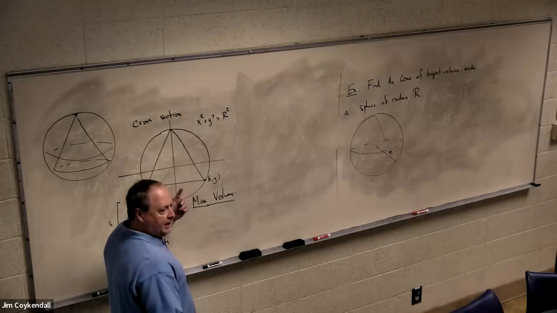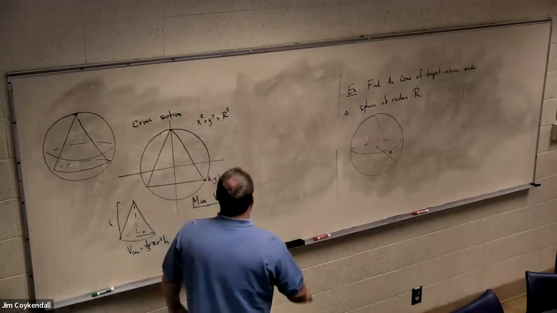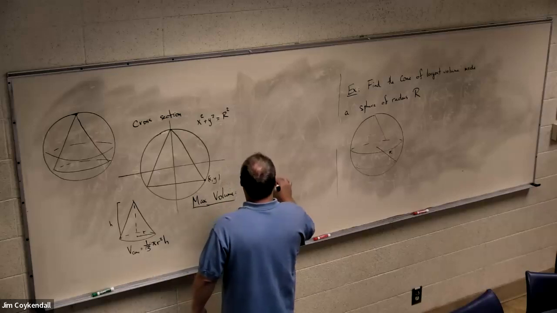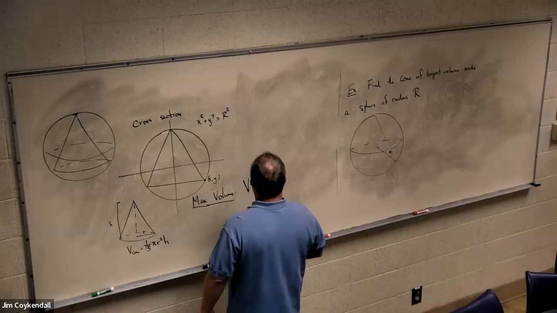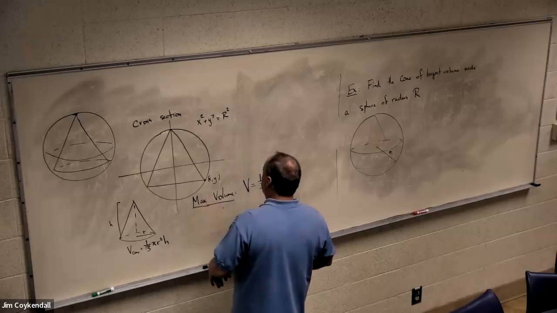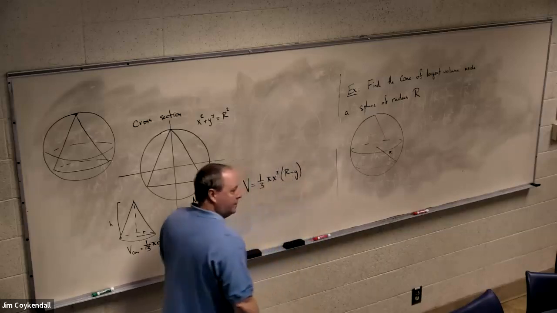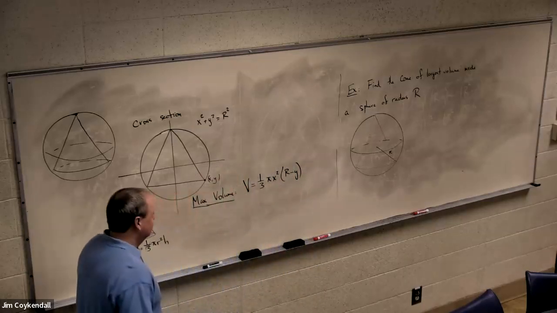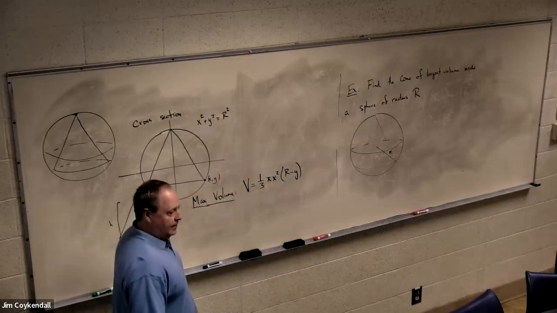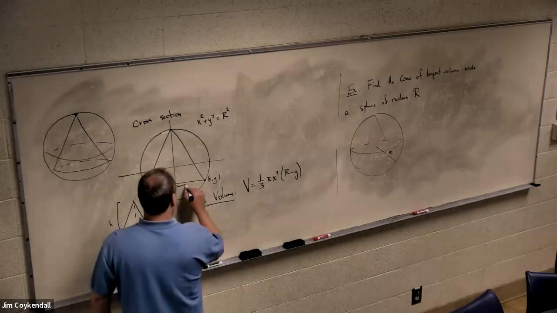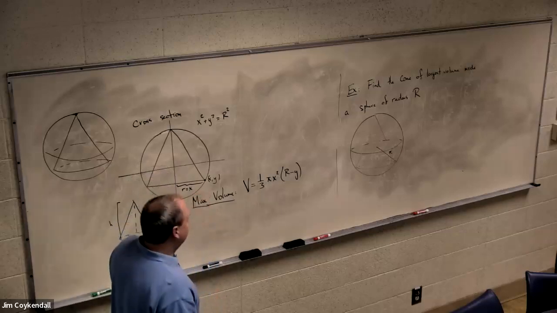So let's imagine spinning this around. This is the cone. The volume is 1/3 times the base, which is pi x squared, and the height. Because if you look here, the radius of this cone is x.